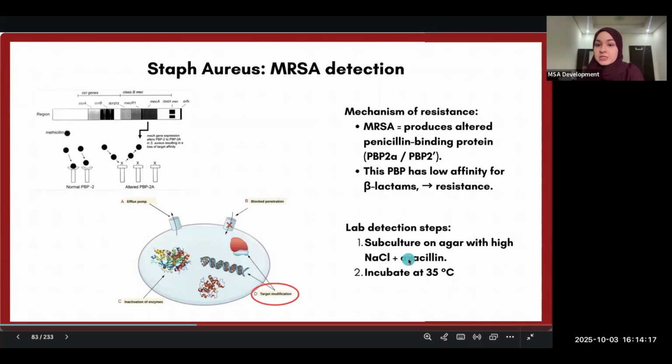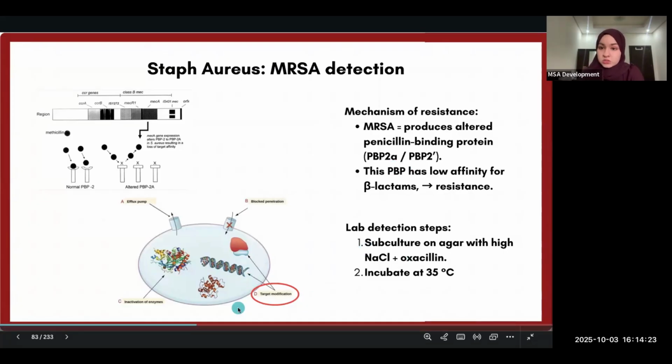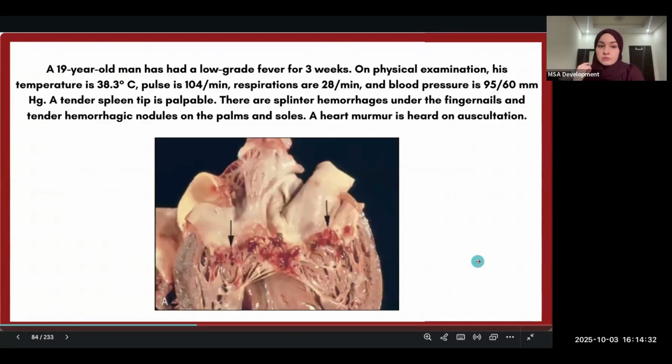So all you have to know from this slide is that it alters the penicillin binding protein and it affects the target modification, which is the one circled here. This was in a past question, so that's why I put it here. You can read the rest, but this is the main thing that I want you to take from this.